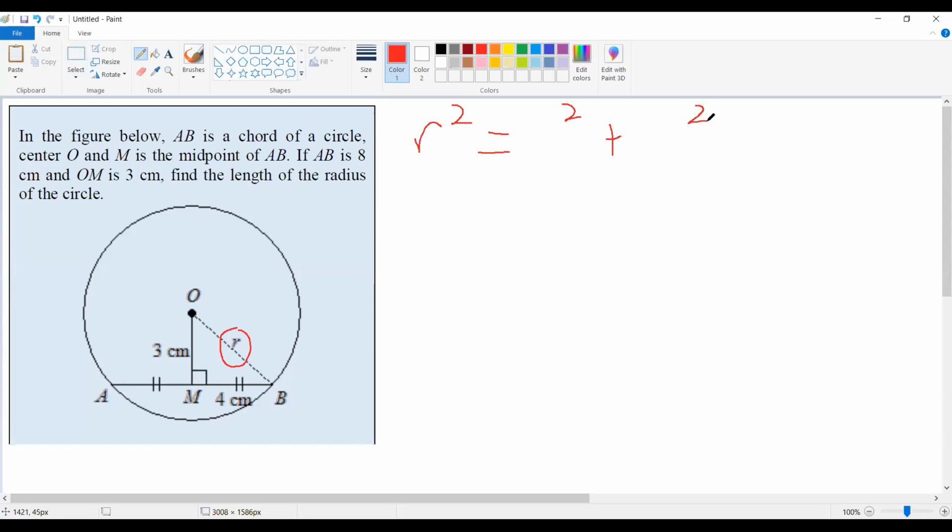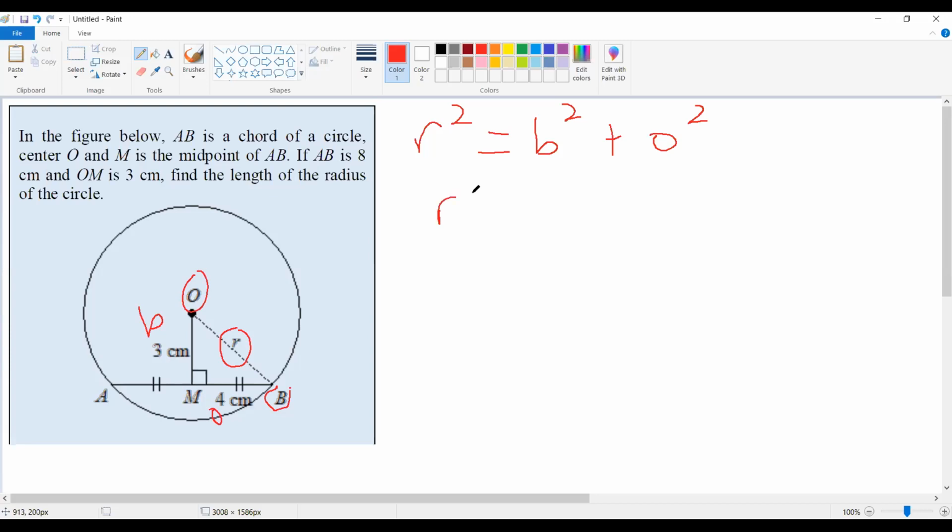So let's find the other two sides. This is capital B here, so this side will be small b, so it's b squared. This is O here, so here will be small o as well.